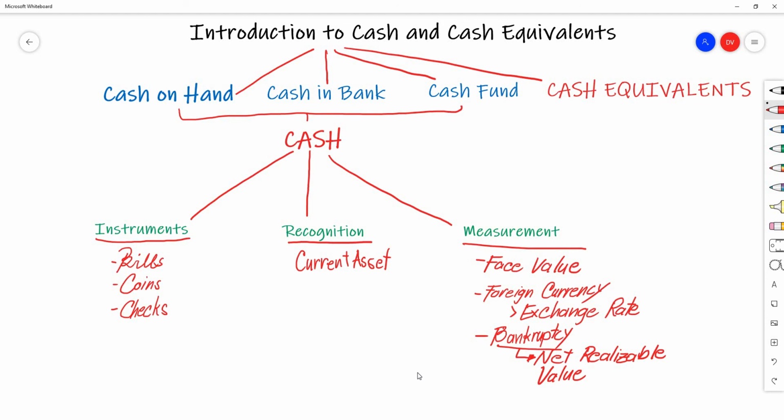How do you measure your cash in bank on that specific bank? Ipipilit ko ba bang 1 million or 10 million kung magkano yung deposito ko? Of course not. Kung magkano na lang yung makokolekta mo, yun na lang yung i-value mo dun sa cash mo. So, that concludes our introduction to cash and cash equivalent.